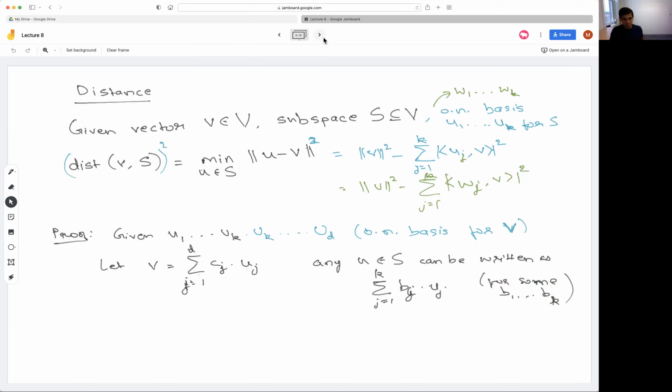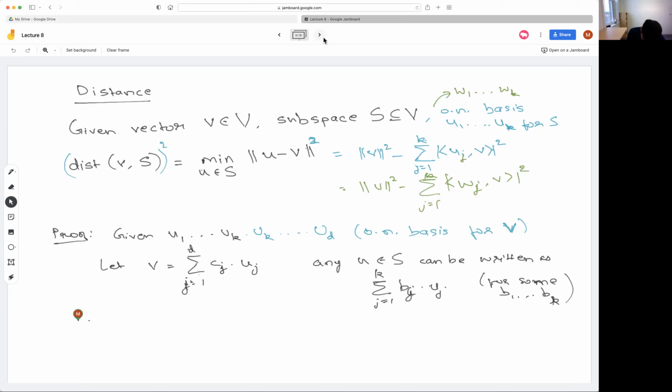So V is given, which means C1 to CD are given. And we have to find the closest U, so we have to find B1 to BK, the values which minimize the distance. So let's write down what the distance is.